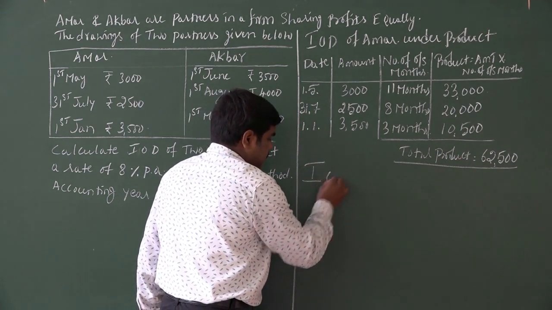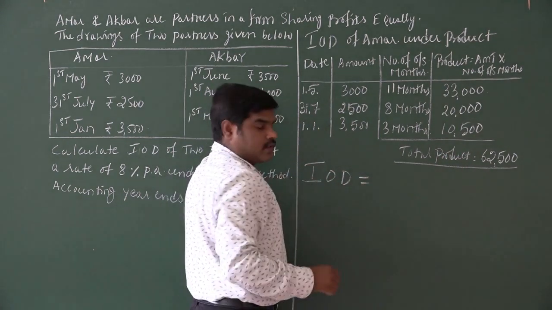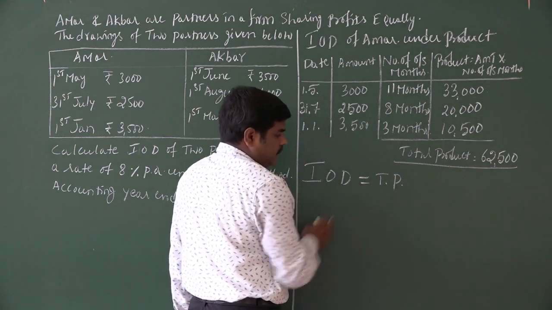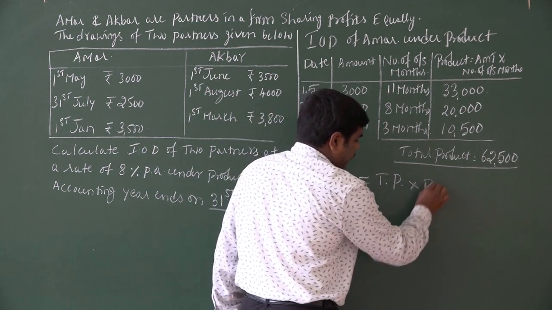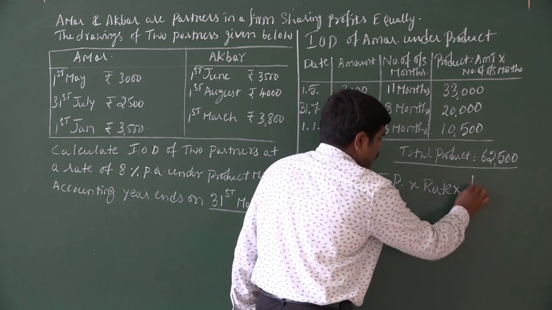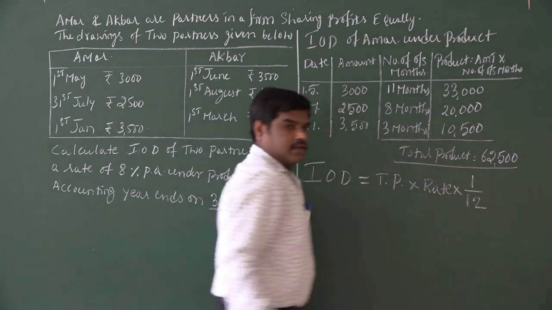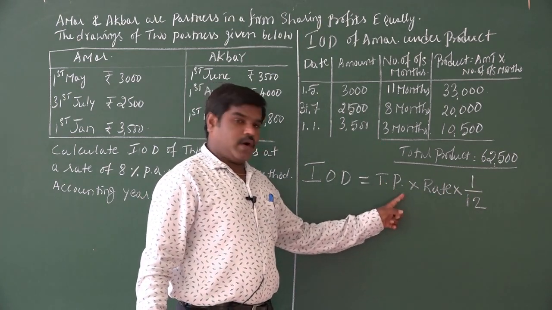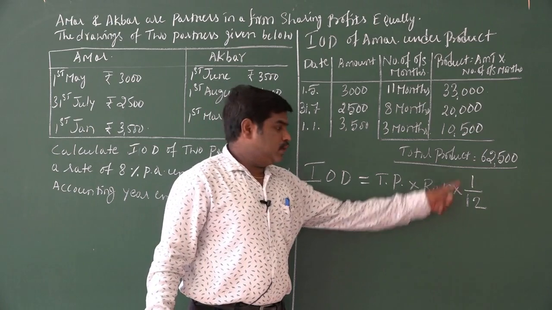Next, of course, the formula for interest on drawing: total product into rate into 1 over 12.